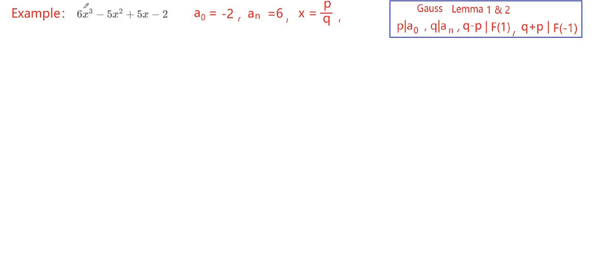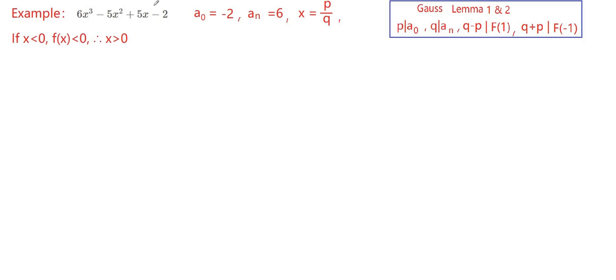See this example. 6x^3 minus 5x^2 plus 5x minus 2. Obviously, if x is less than 0, f(x) will be less than 0, because all the terms become negative. That means x must be greater than 0.